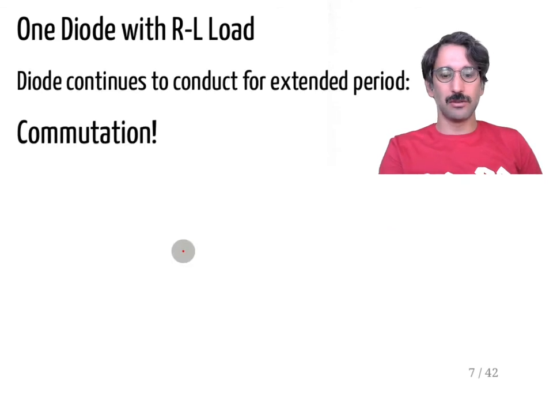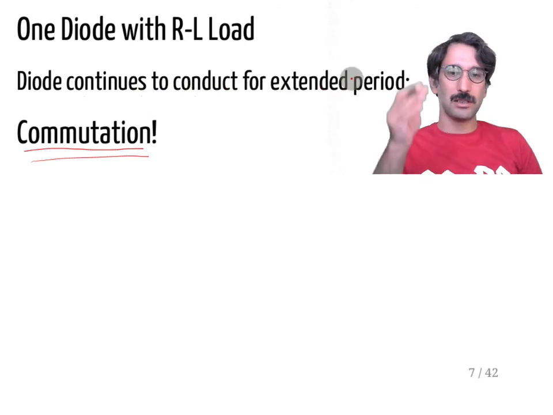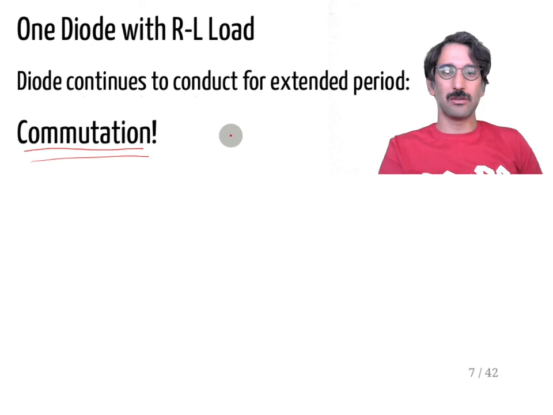We will see more detailed examples in the following weeks, but it is really important that you understand that phenomenon for a single diode case, and we call that thing commutation. So the diode continues to conduct for an extended period because it cannot get out of conduction when the inductor current is non-zero, because VL is equal to L dI over dt.